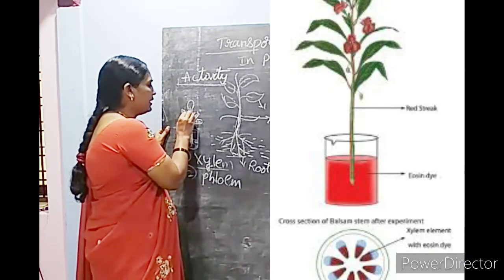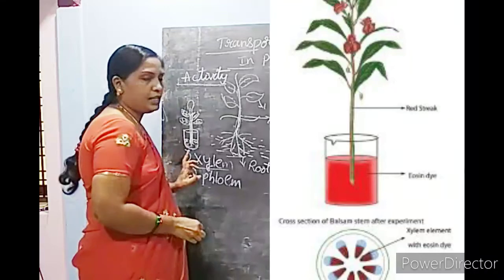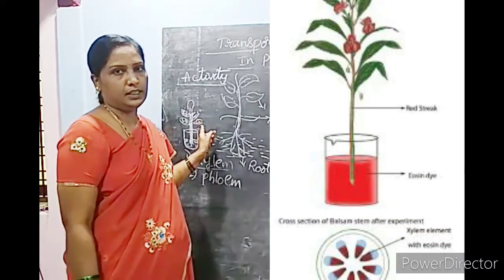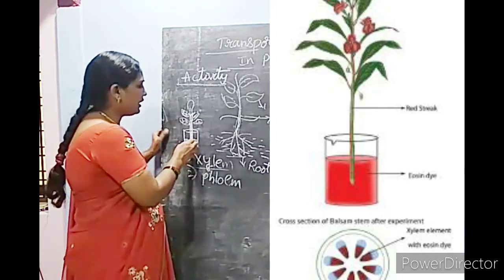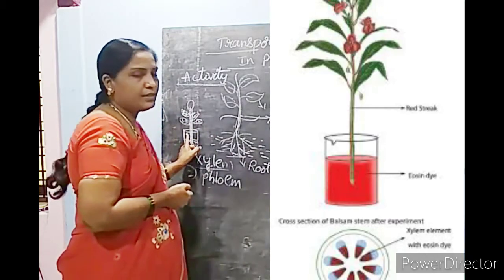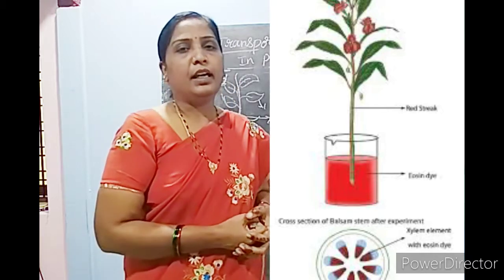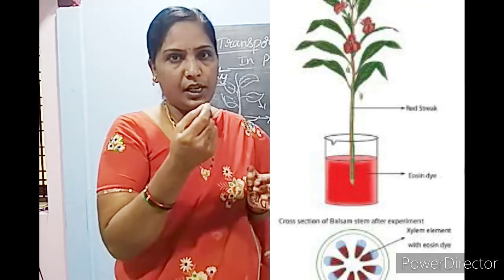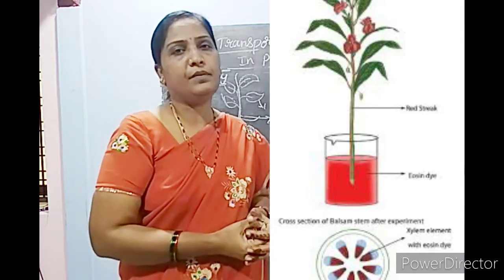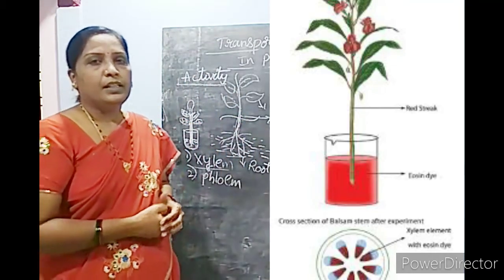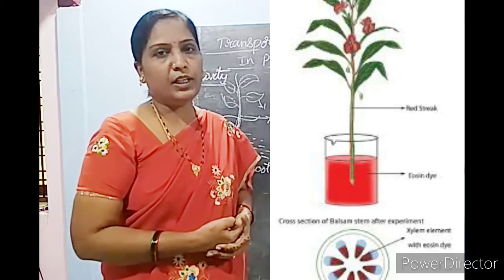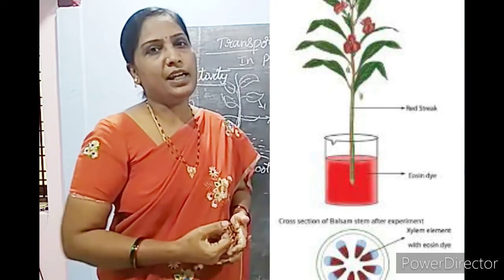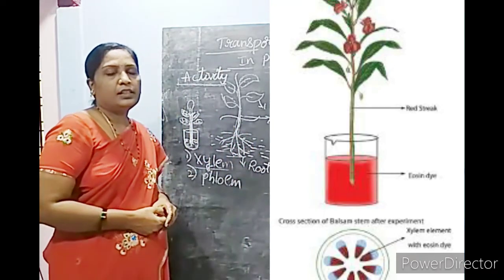The veins of the leaves appear in whichever color you have taken in the beaker. Then remove the twig from the water, take a sharp blade and carefully cut a small thin piece from the twig. Take the help of your parents while cutting with a blade.